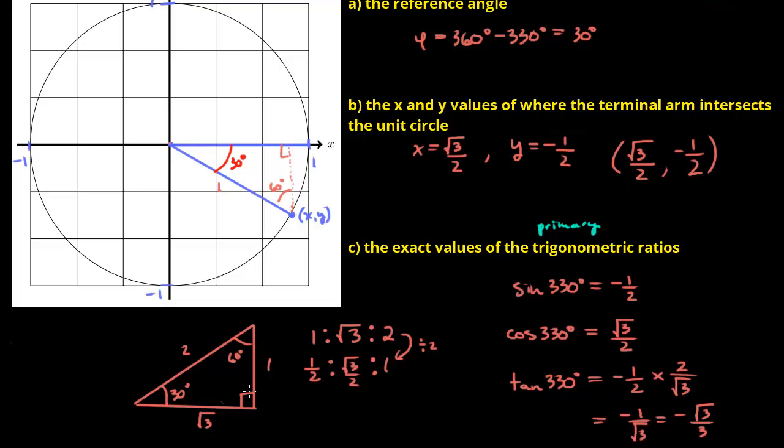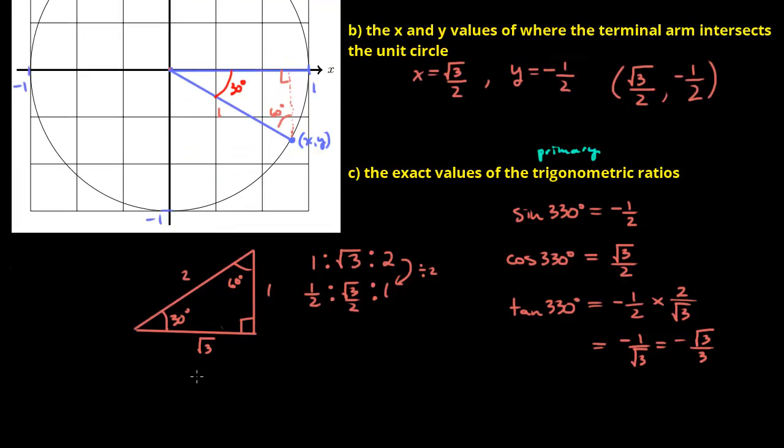So let's say I wanted to calculate what tangent of 330 degrees is. Well, that's going to be equivalent to the tangent of the reference angle, and the reference angle here is 30 degrees.